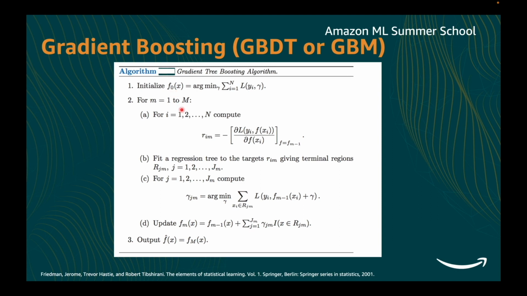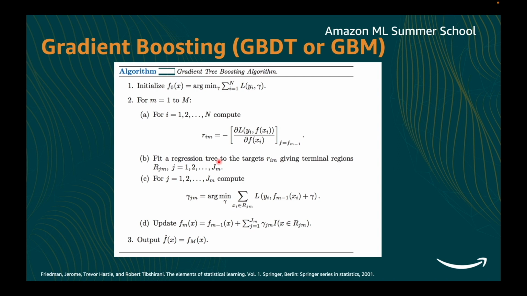And then iteratively, you are computing this residual r_im for each of the i examples. m is the number of rounds over here. So for each of those, you're calculating the residual value, the gradient. The residual value is the gradient, sorry. And you're fitting a regression tree such that you are actually predicting the residuals.